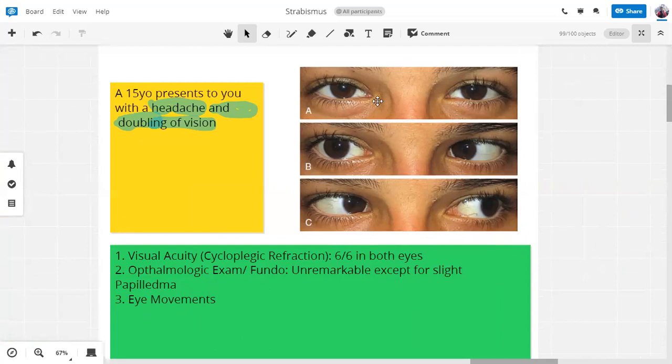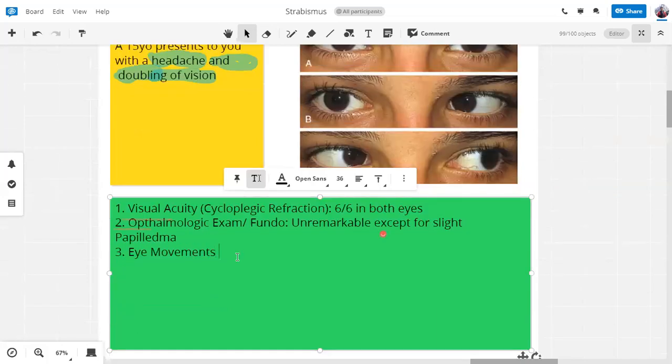Absolutely. So we can see that when the gaze is centered, there is no deviation, and towards left conjugate gaze, this child is looking towards the left. Both the eyes are looking towards left. However, when the person is looking towards right, only the left eye is acting, meaning that the lateral rectus of this eye is not.